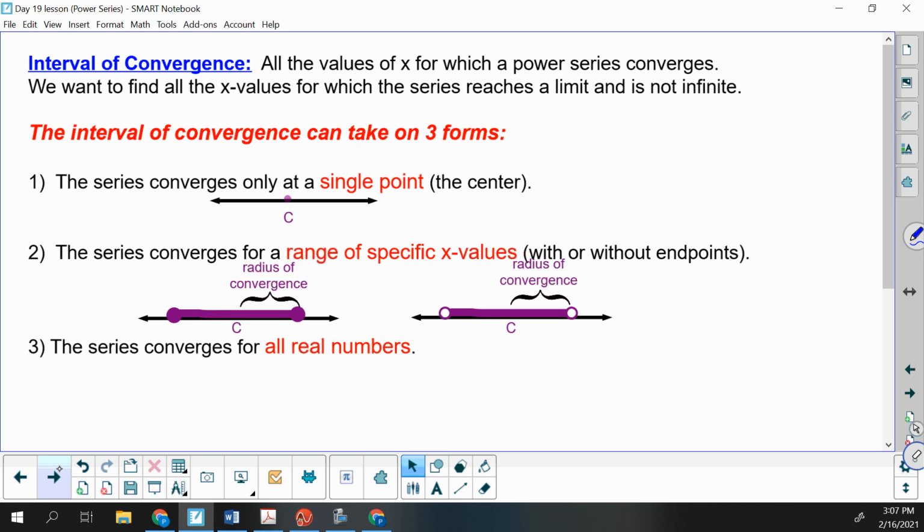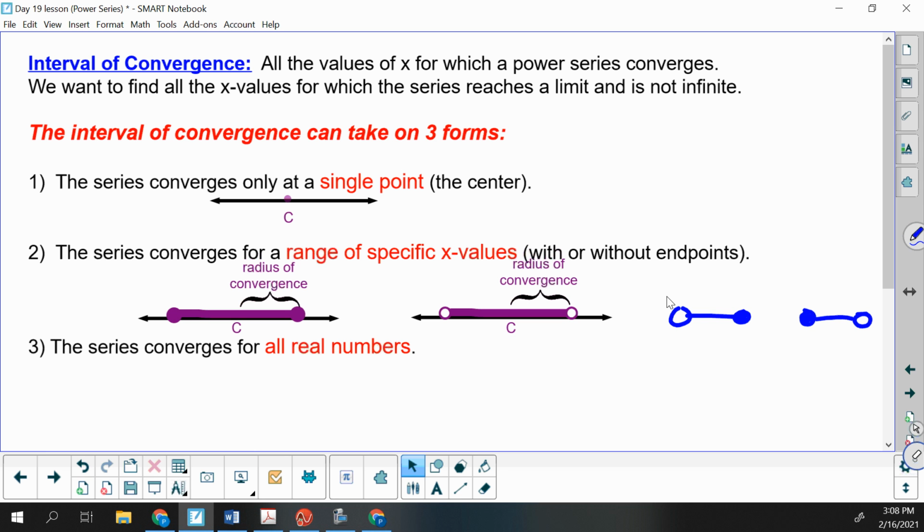It could be some set interval. The interval could either include the endpoints, not include the endpoints, or it could be a combo of not including and including, or including and not including. The radius in that number 2 there, notice, is from the center to the endpoint.